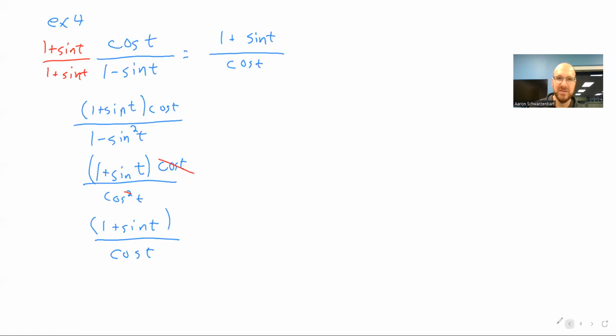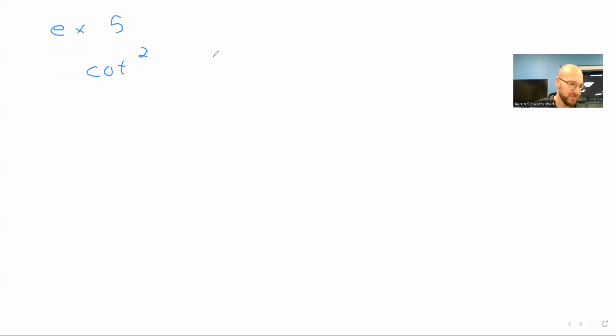The last one, sometimes I would do this and just go straight to cosine squared t equals 1 minus sine squared t and hey, that's an identity and you're done. So I encourage you to work one side first. That's the technical way to do it. But if you're stuck, cross multiply if that is going to work, or just work both sides separately.